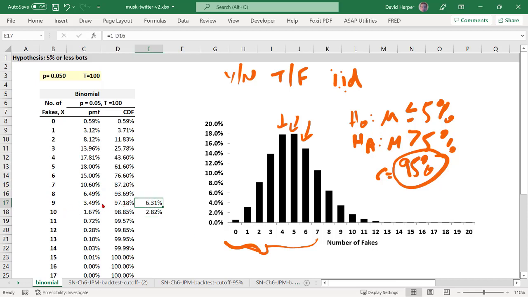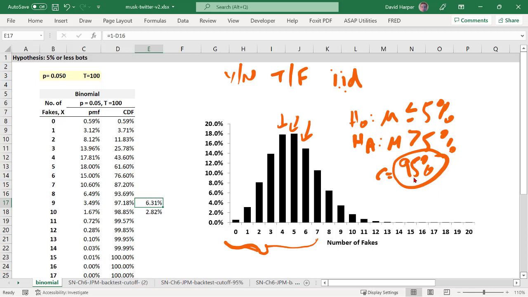So if I choose a cutoff of 9 or greater, then the area in my right tail is going to be 6.31%, right? That's because 8 or less is 93.69. 9 or greater is the area in the right tail. 6.31% is not a low enough significance in practice.